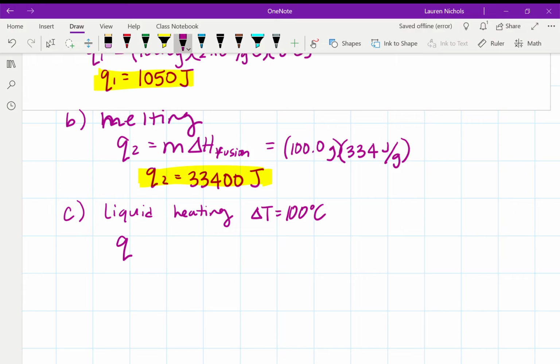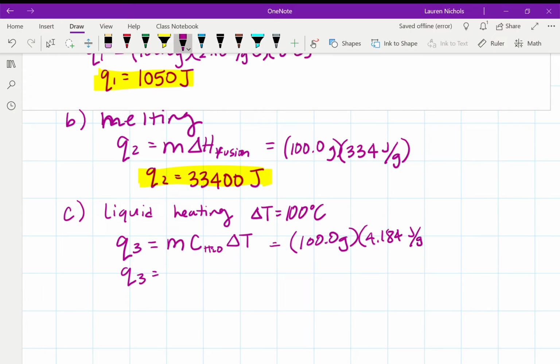Then Q3 would be equal to M times C of water times our delta T. So Q3 is equal to 100.0 grams times 4.184 joules per gram degree Celsius times 100 degrees Celsius, which will give us 41,840 joules. So we have segment 3.